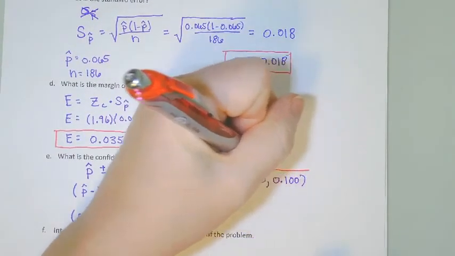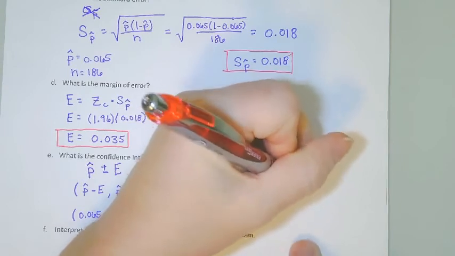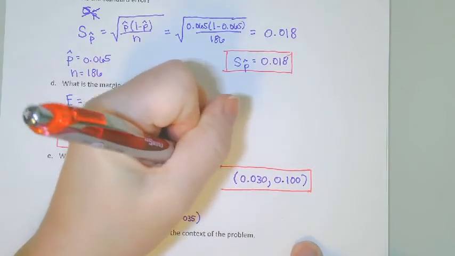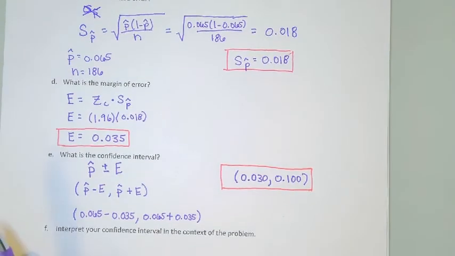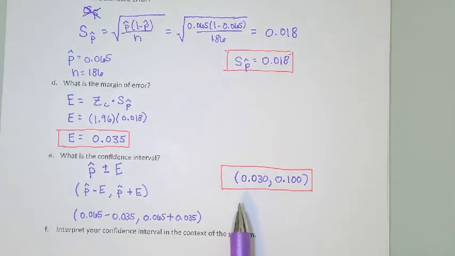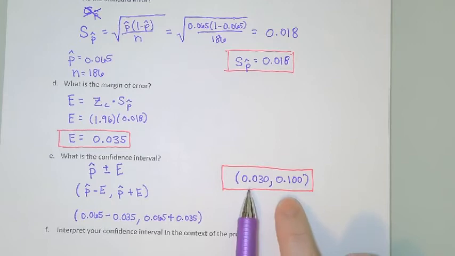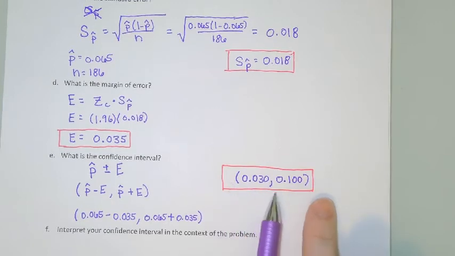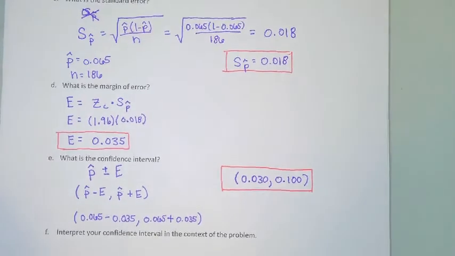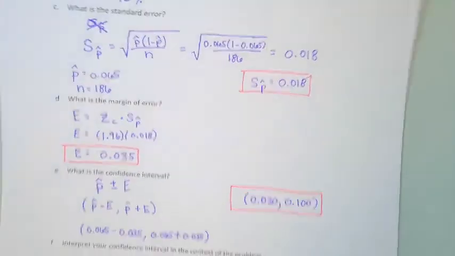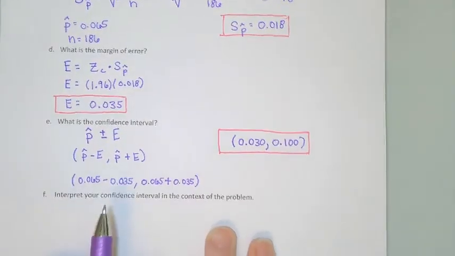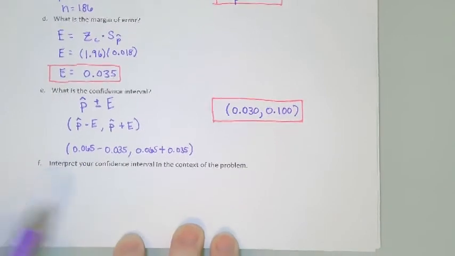So this is what our actual confidence interval is going to look like: the range of values, low to high, inside parentheses with a comma separating them. That brings us to the last step, one of the most important steps.